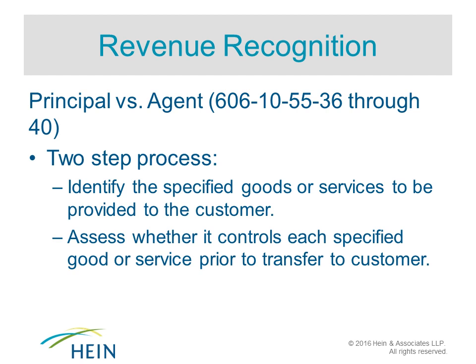So the two-step process: identify the specified goods or services to be provided to the customer, and then assess whether it controls each specified good or service prior to transfer to the customer.